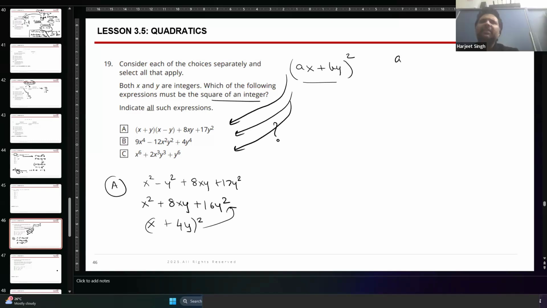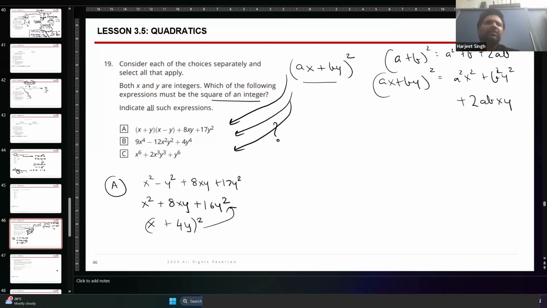So basically a plus b whole square, a square plus b square plus 2ab is what we are trying to use. So ax plus by whole square is a square x square plus b square y square plus 2ab(xy). So they're asking if any of these expressions can be given as a square.